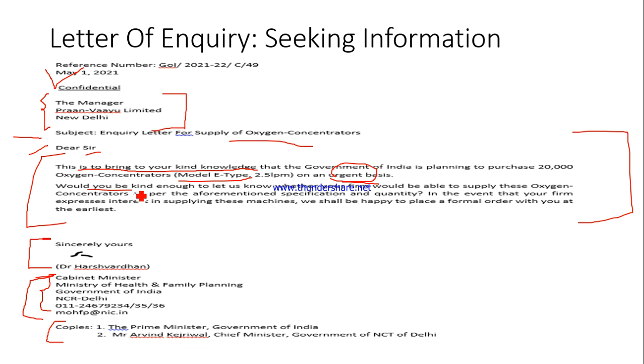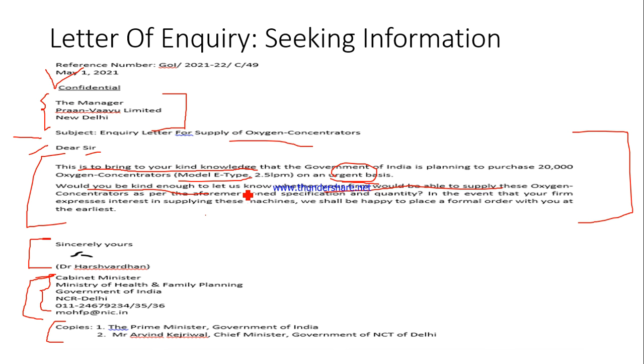Now would you be kind enough, again the courtesy element, would you be kind enough to let us know whether your firm would be able to supply these oxygen concentrators as per the aforementioned specification and quantity? So rather than telling the manager, can you provide these oxygen concentrators, I cannot write like this. I am saying, would you be kind enough to let me know, to let us know whether you can supply us these oxygen concentrators? So I am being more courteous, right?